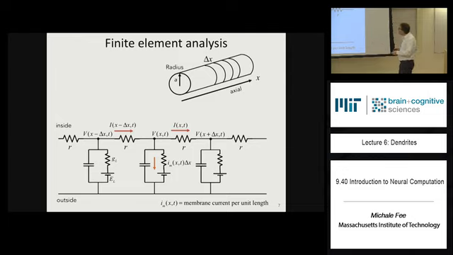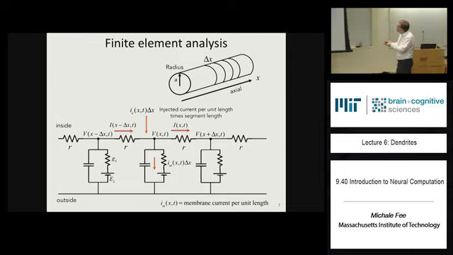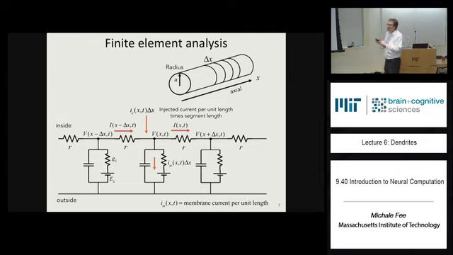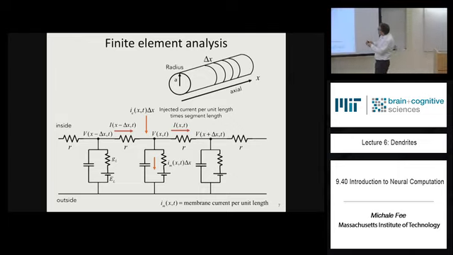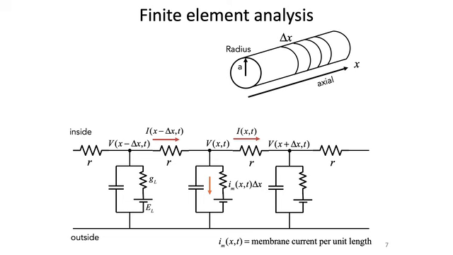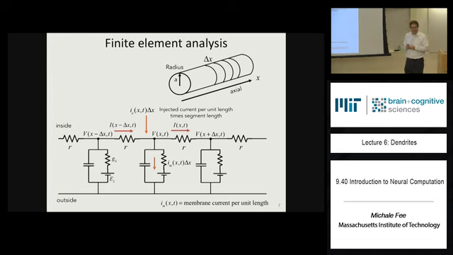And we can also imagine that we have current being injected, let's say through a synapse or through an electrode, that we can also model as coming in at any position x. And this is, again, current per unit length times delta x. Does that make sense?